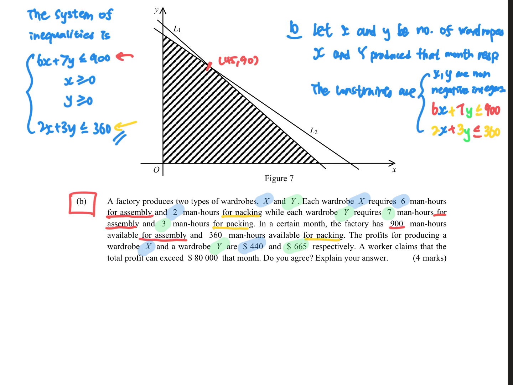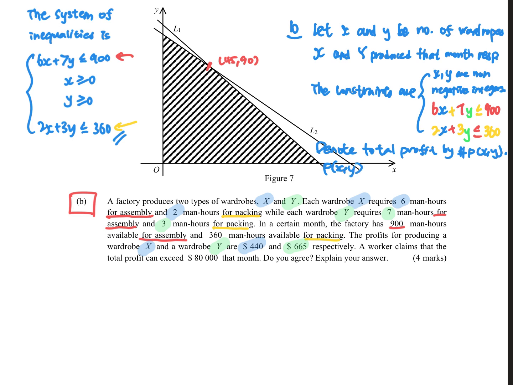And then after that, we denote the total profit by P, so P(x, y).